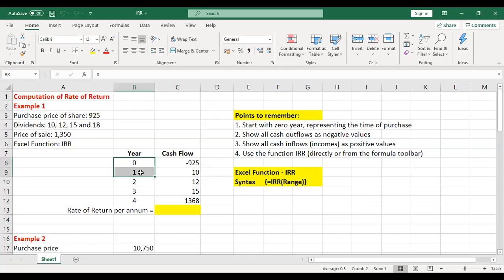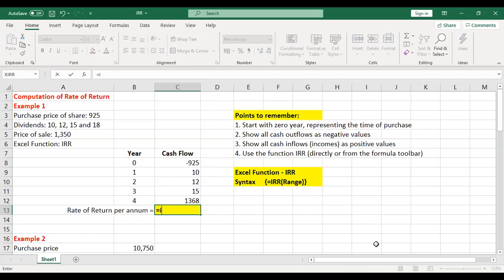The years given here are also not important. So I'm going to just show you how to do it here. I put equals IRR, open the bracket, select this range of cash flows, close the bracket and press enter. So we got it.